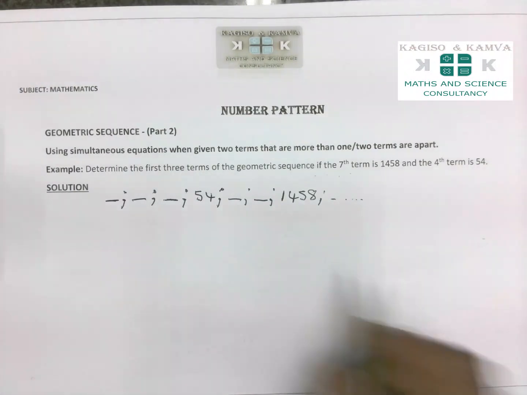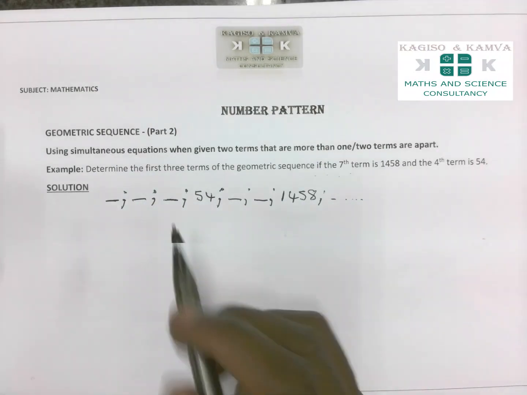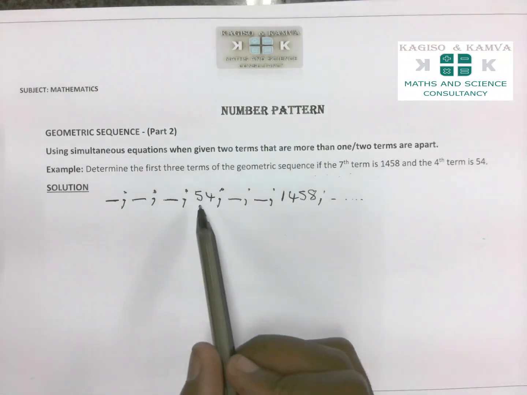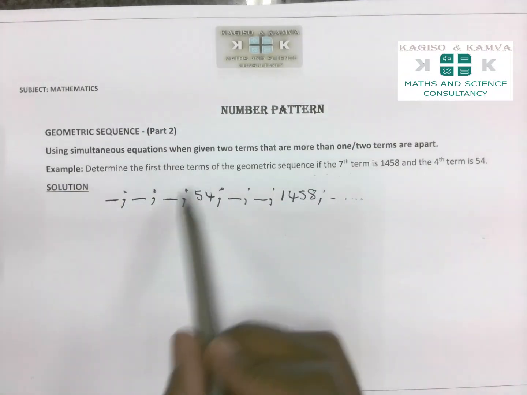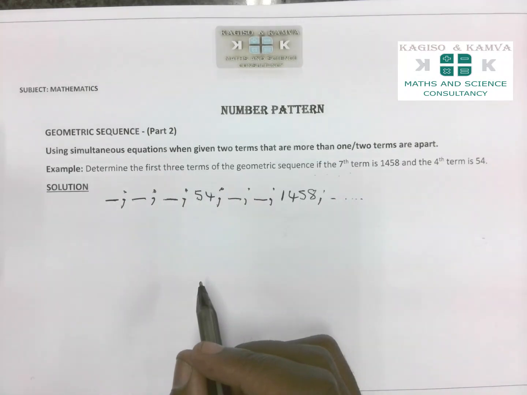Now what is it that we need to do to determine the first three terms? We are going to substitute what we know into the general term equation.